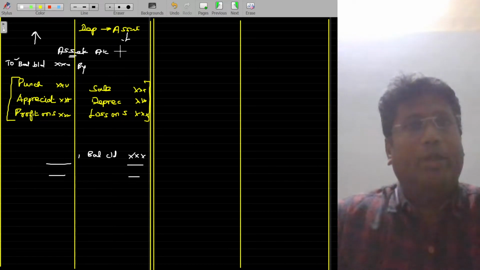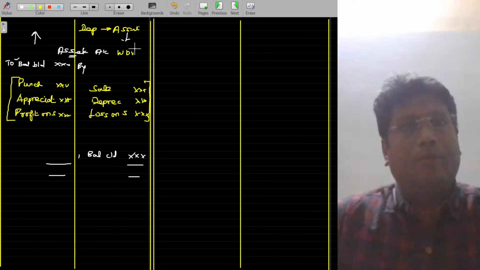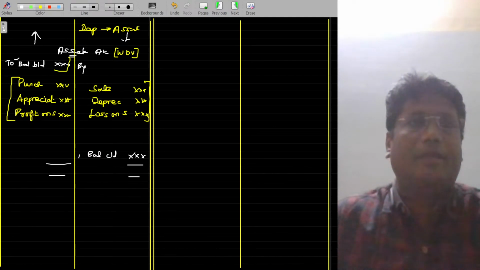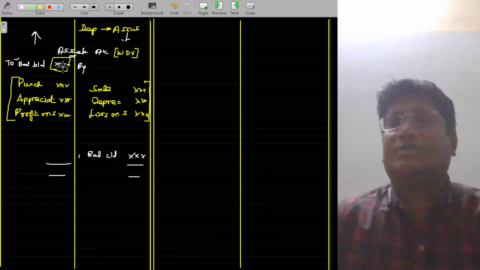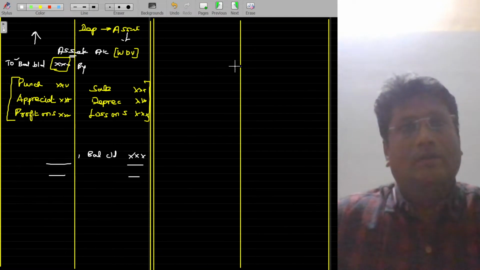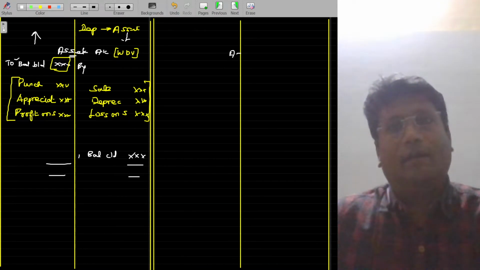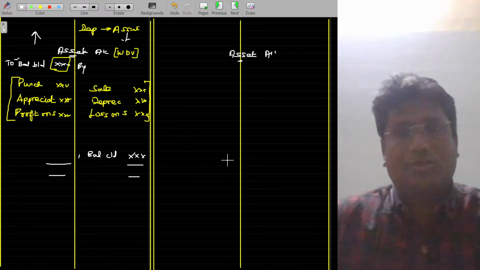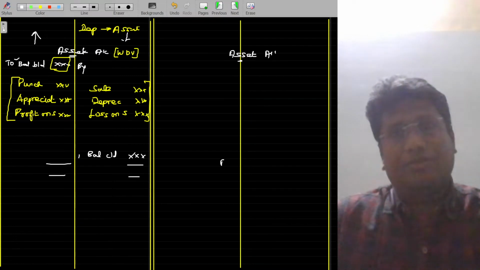This is the WDV model, written down value method. So the value you have recorded here is net of the depreciation. Under the original cost method, we have the asset account and the provision for depreciation account. Is that okay?